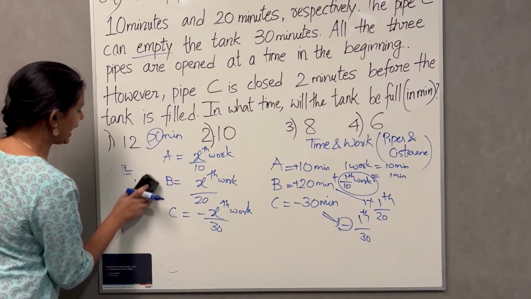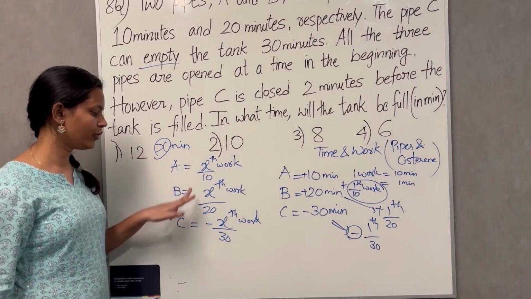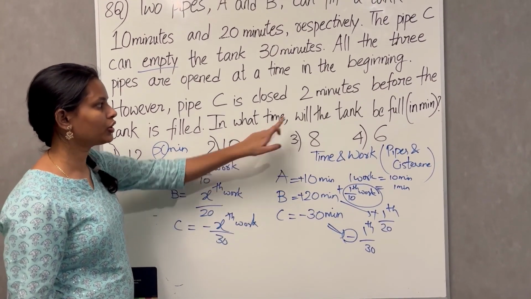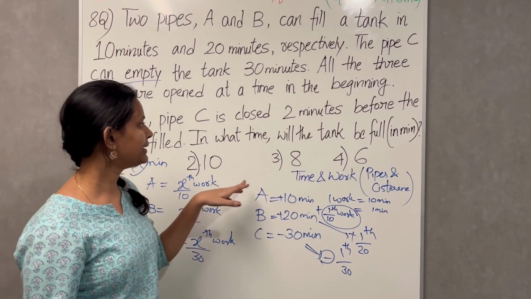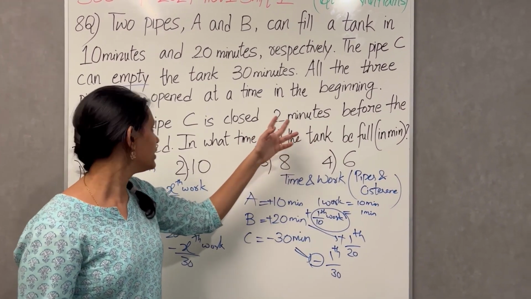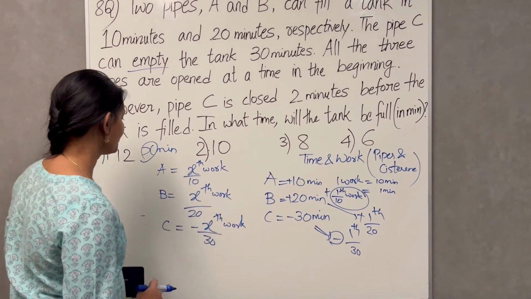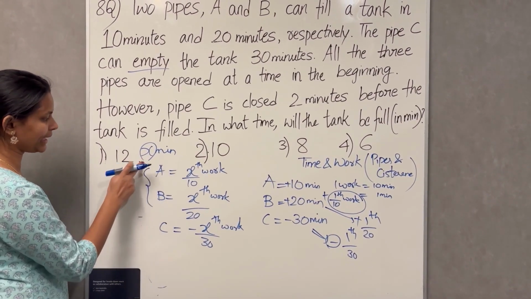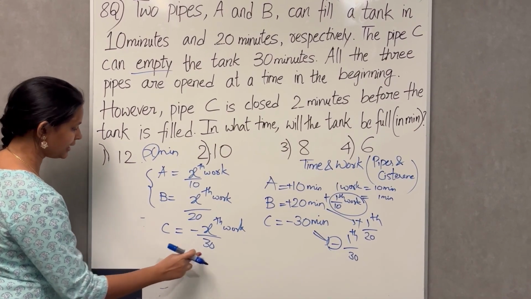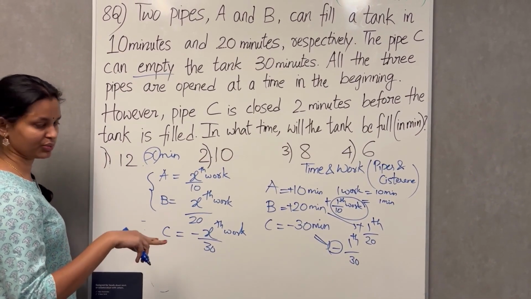Here we can add this and equate to 1 if it is not closed 2 minutes before the tank is filled. But it is closed 2 minutes before the tank is filled, means here A and B are doing their work completely in the required time X minutes, whereas C is doing 2 minutes less work.